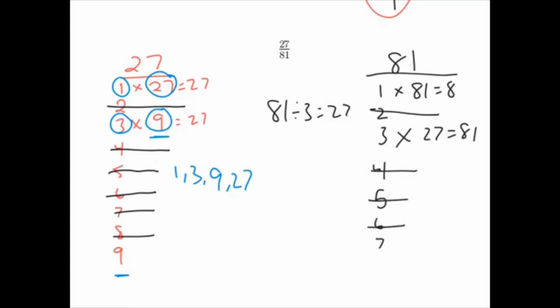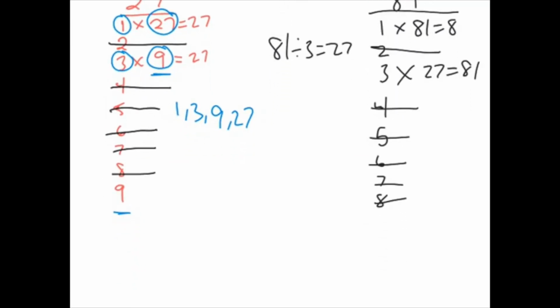7, 7 times 10 would be 70, so we can count from there. So 70, 77, 84, so 7 is not a factor. 8, 8 again is an even number, so it shouldn't be a factor. And then 9, 9 times 9 is equal to 81.